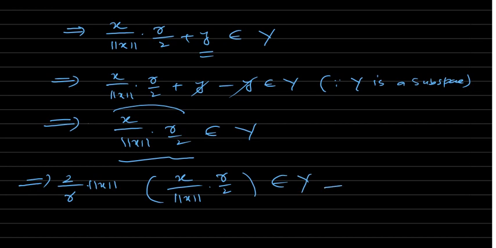But this gives norm x, and norm x will go, r by 2 by r by 2 will go, it's just x belongs to Y, which means that every point of X is in Y, that means X is equal to Y. So it's a contradiction. Therefore the interior of Y is the empty set.